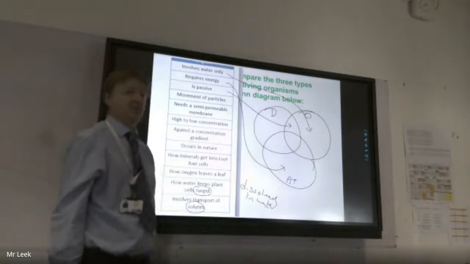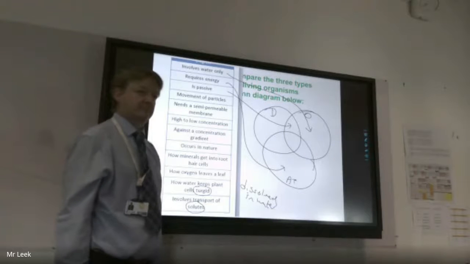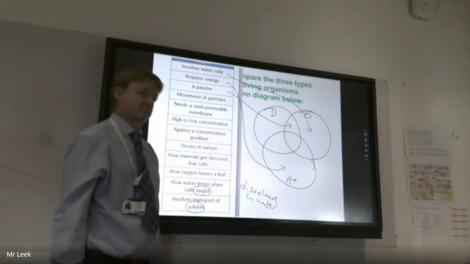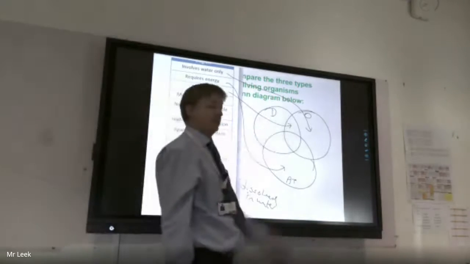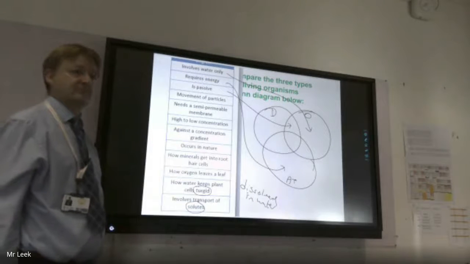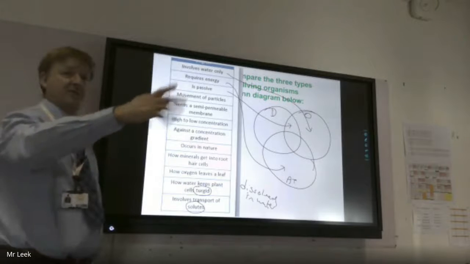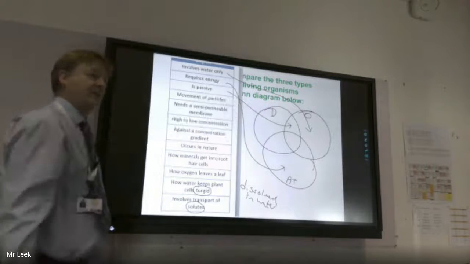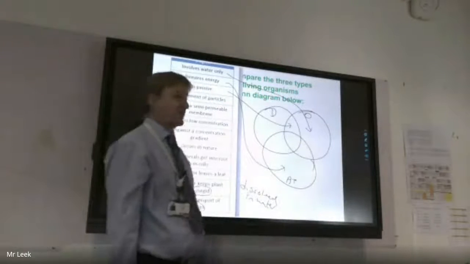Movement of particles. It is diffusion, and I know I'm probably a bit harsh because you've just joined today. Come on, active transport is moving particles as well.